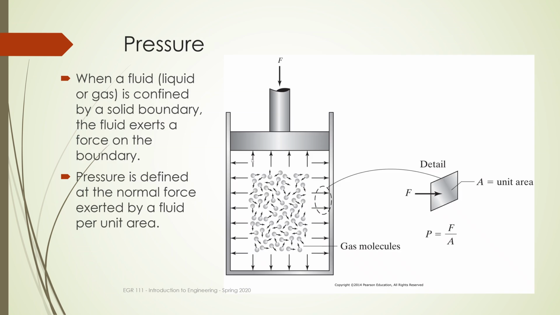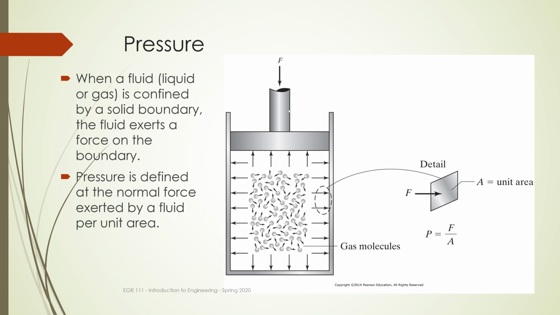So pressure. Pressure is just defined as force per unit area. Here's an example where you have a cylinder with a gas inside of it, and you're applying some force with a certain magnitude on a piston on the top of the cylinder. If you take a view from the top, the piston is circular, and the surface is just a circular surface, whose area you can calculate as pi r squared, the radius squared, and then you have a force.